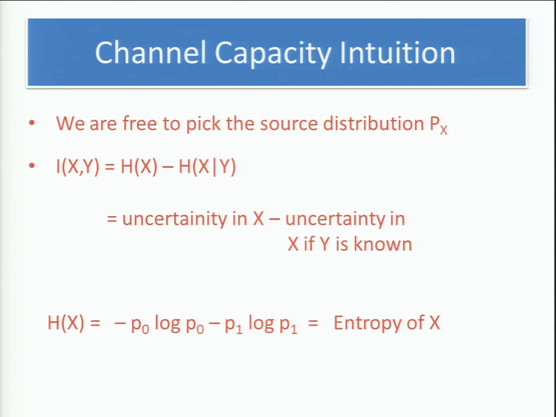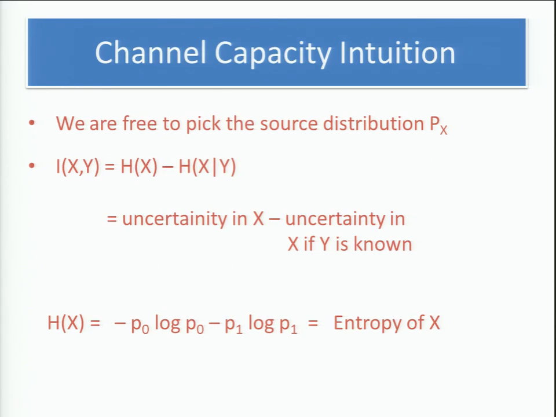But the way this function itself has come about is, you start defining the axioms that your measure of information should satisfy. You say this is how I want my measure of information to be, it has to satisfy axiom 1, axiom 2, axiom 3. If you put down those things and see which functions satisfy these axioms, it turns out this is the only function which satisfies them.